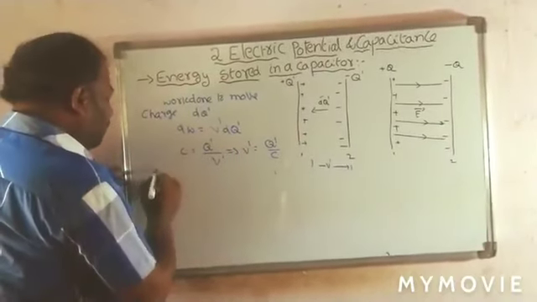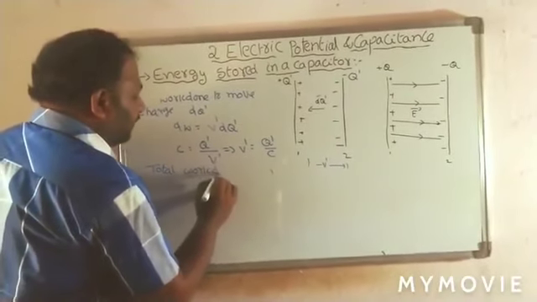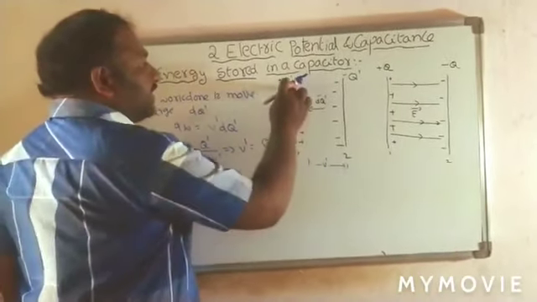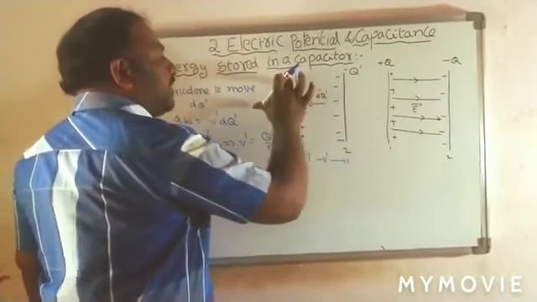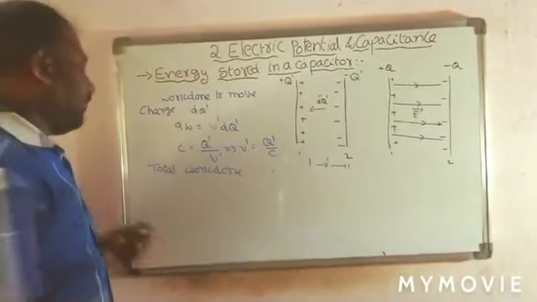Now the total work done. The charge on the plates changes from Q dash to Q. For that, how much total work do we have to do?